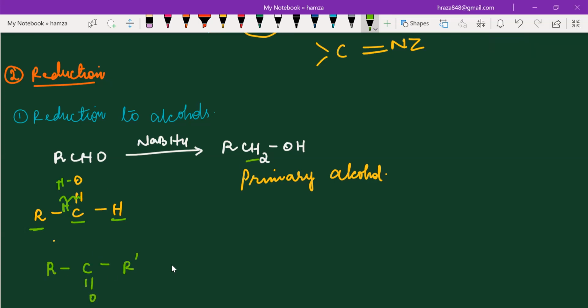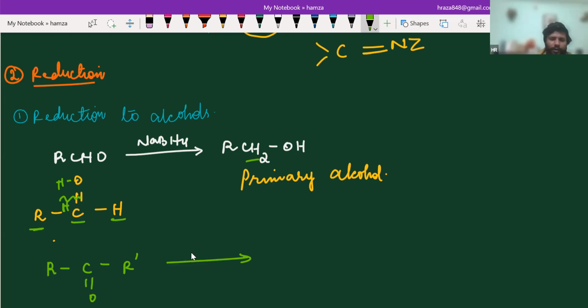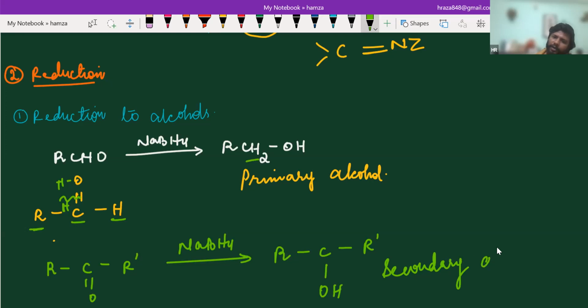In the same way, if you use this NaBH4 reducing agent, this ketone will be converted into secondary alcohol. The reaction process is the same. One of the bonds will be broken, H and H, RCH, R dash, and OH will be formed.